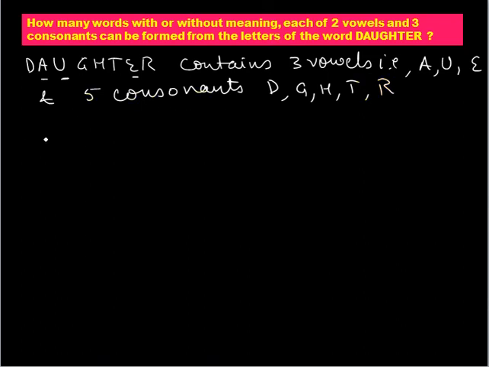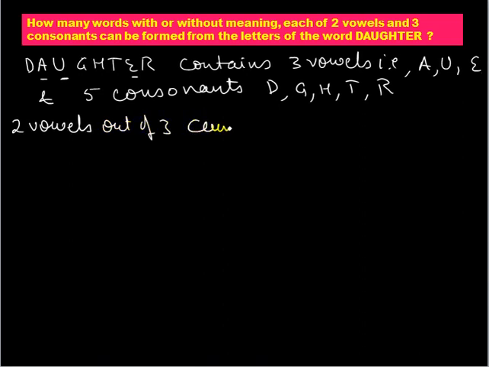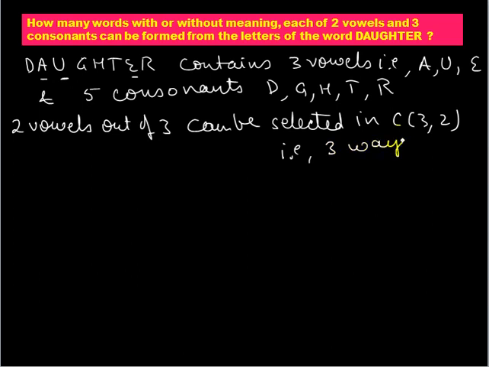So we can write 2 vowels out of 3 can be selected in C3, 2. If you will simplify it, it will come out to be 3. So in 3 ways it can be selected.